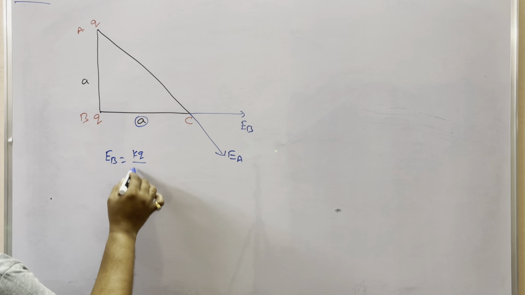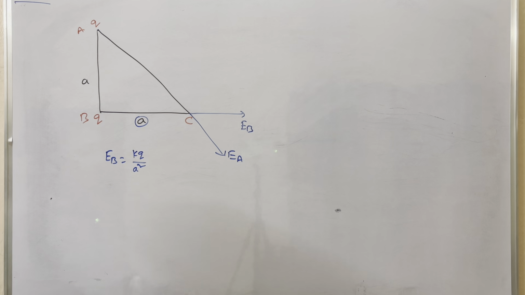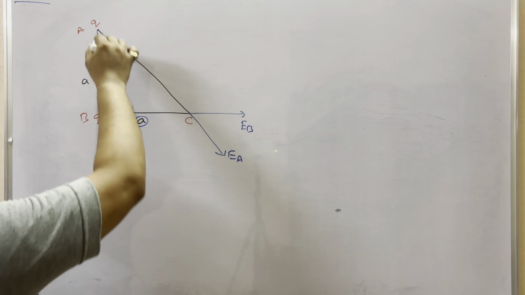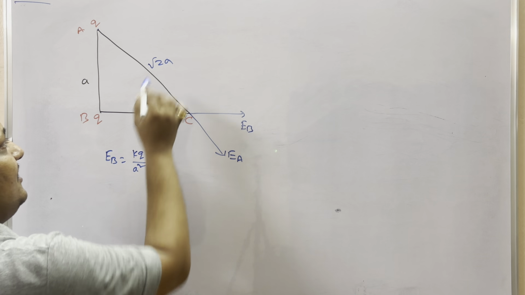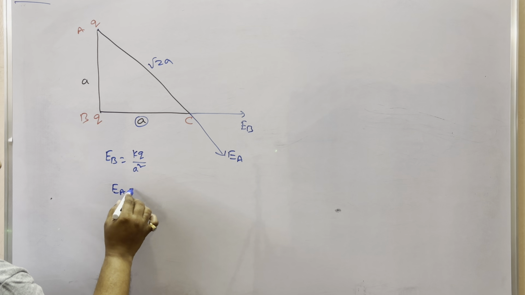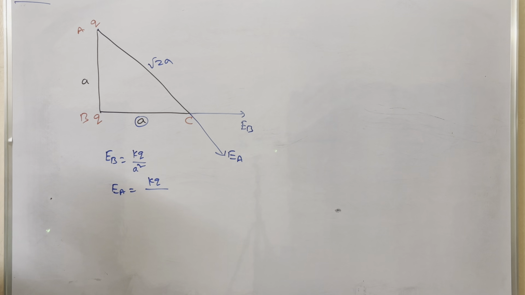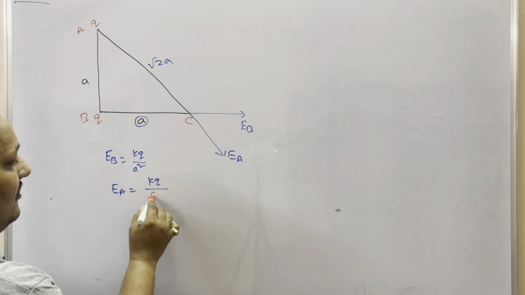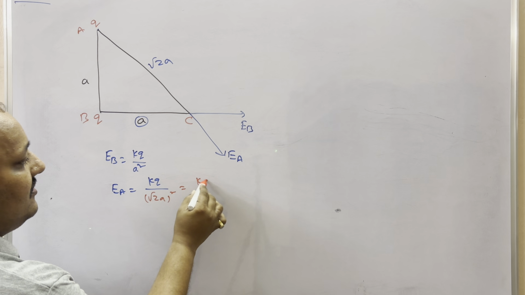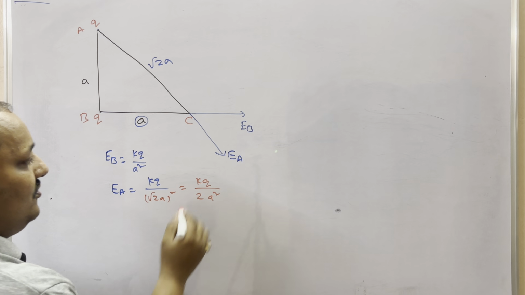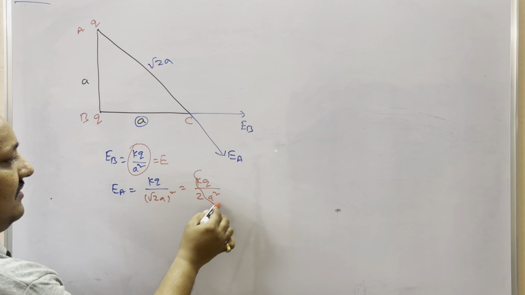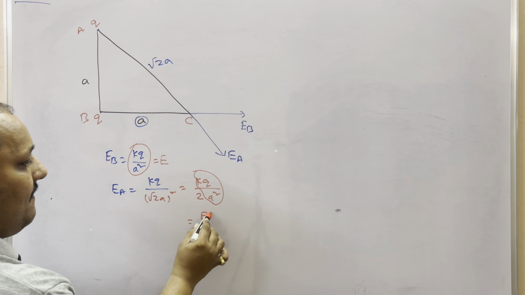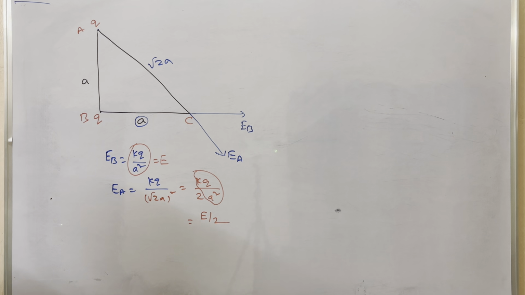EB is KQ by A square, because it is at a distance A. Now what is AC? If it is an isosceles triangle, this is going to be root 2 A. Therefore, EA is nothing but KQ by root 2A whole square, KQ by 2A square. Let us assume KQ by A square is E. Then EA is E by 2. That is for our convenience.